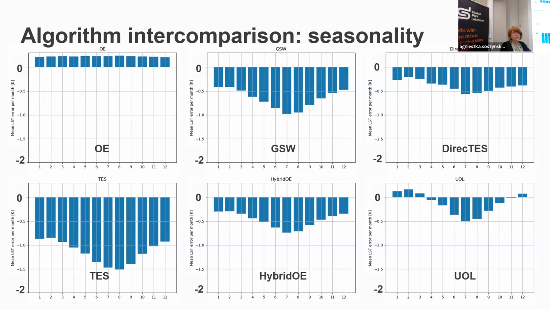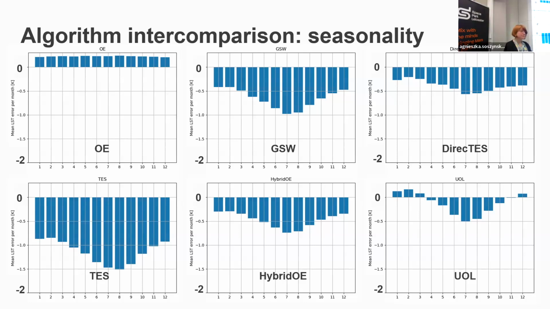One of the things that all the other algorithms had in common was that they didn't have a way of accounting for changes in the total column water vapor. All of them had some sort of fixed dependency on it, whether it's banding and coefficients, or in the case of direct tests, they were atmospherically corrected based on a value.